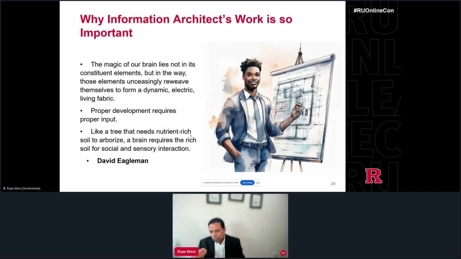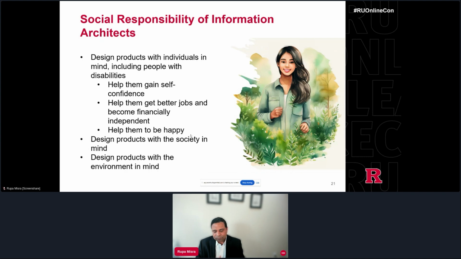People with disability, in many cases, have been pushed to the corner. We can design online spaces in such a way that they can have a wonderful experience, and this experience can help them with their learning. So I would like to end with this.